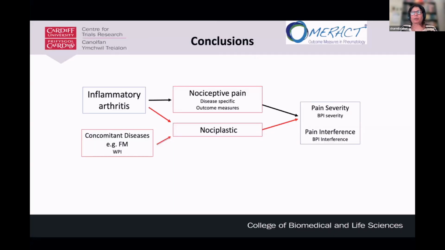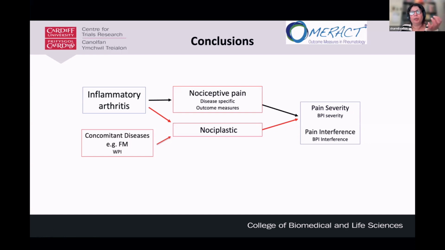Some of the work that was done previous to this, published by Tim Pickles, who was a previous OMRAC fellow, was assessing the types of pain phenotypes present aside from the typical nociceptive inflammatory pain seen in inflammatory arthropathy, which is the nociplastic pain, a more recently defined phenotype, which archetypically is a presentation of fibromyalgia.